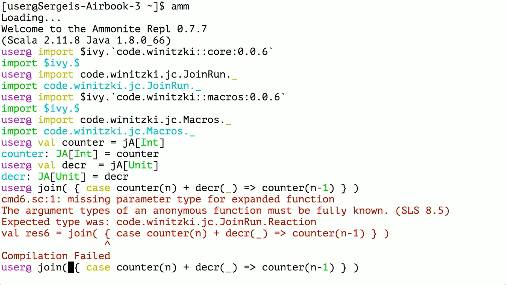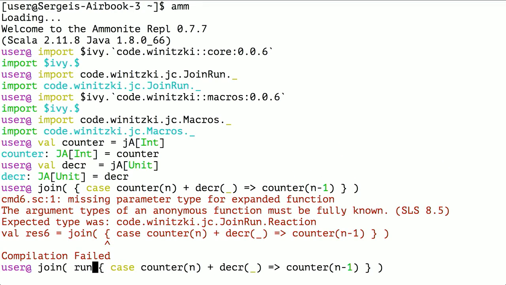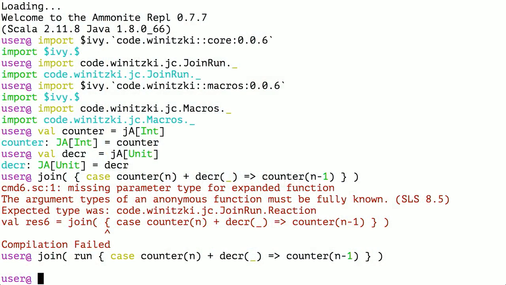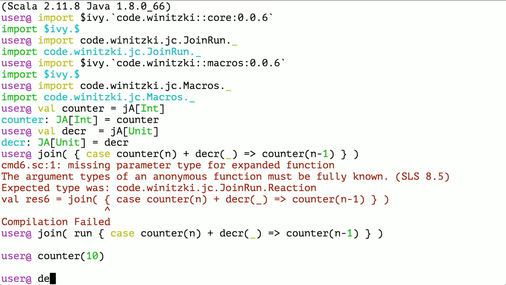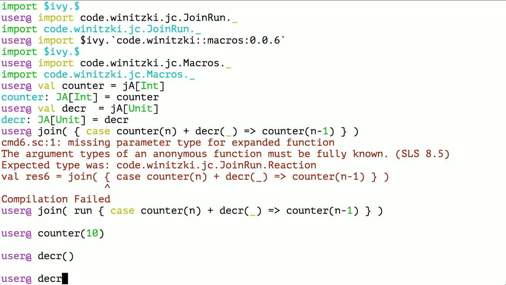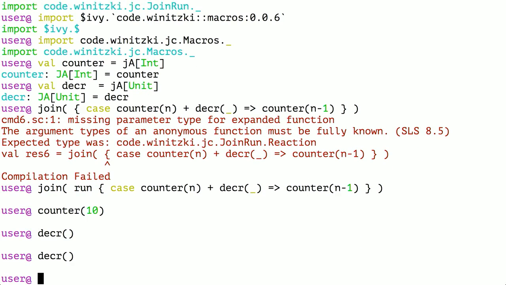I forgot to say run. Scala is not strong enough to infer all the types, so I need that. Okay, we're good. So I do counter 10, decrement. Well, we don't see anything, right? So there's debugging, which I put in. Now, you see, okay, I'm fine.